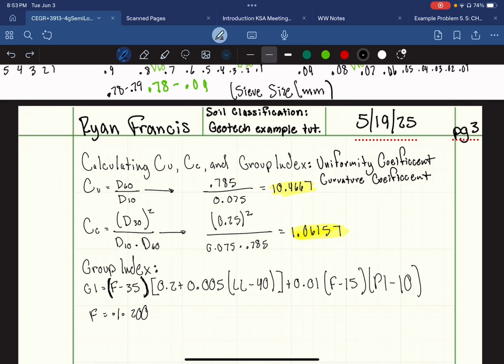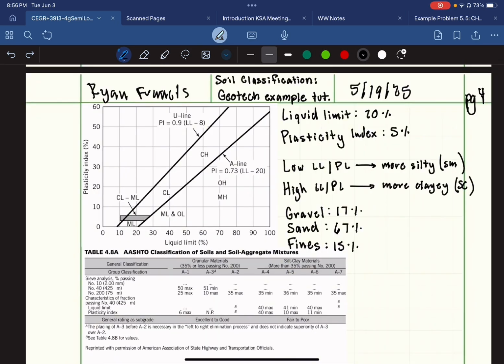For the curvature coefficient, D30 squared over D10 times D60. I already wrote that out, and that's going to be 1.06157.